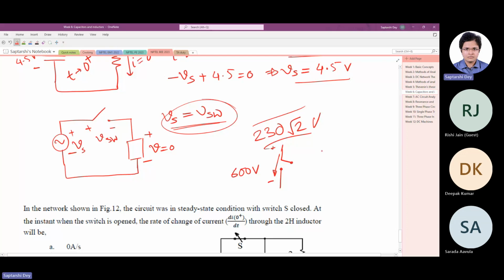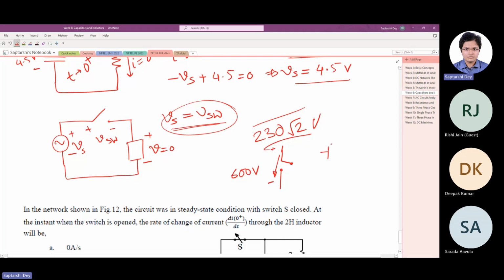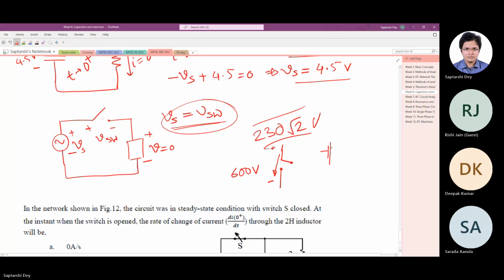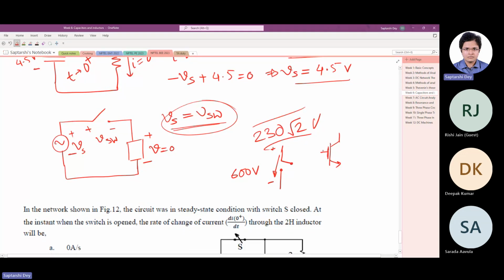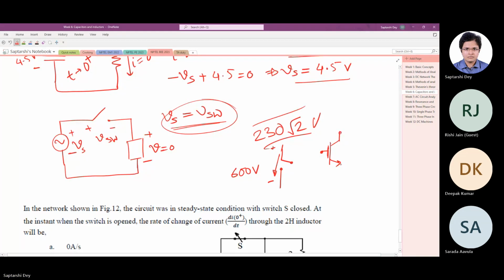Later on, when we will study power electronics, you will see that we use transistors as switches. Different kind of transistors as switches. All of them have a certain voltage rating and a certain current rating. Both of them matter. If it carries more current than rated, it will burn due to heavy temperature, heavy heat generation, which it cannot dissipate.